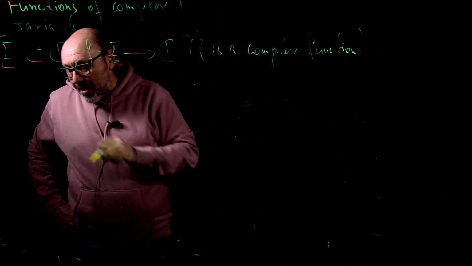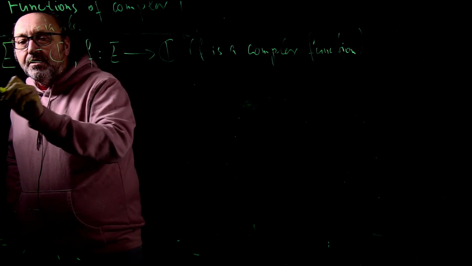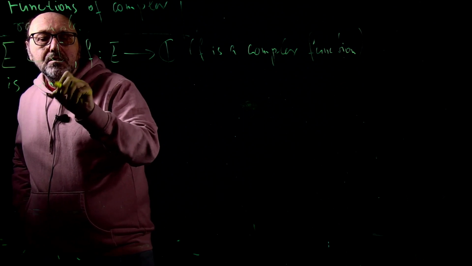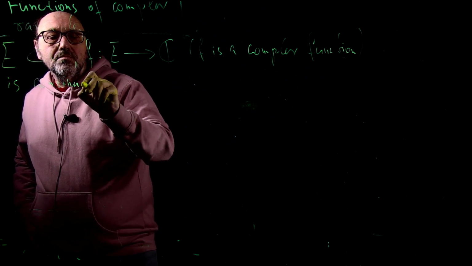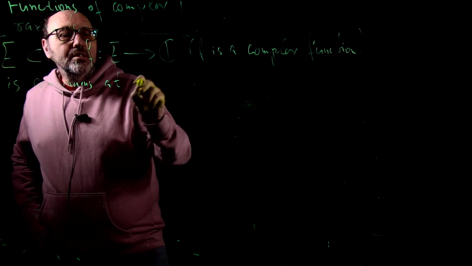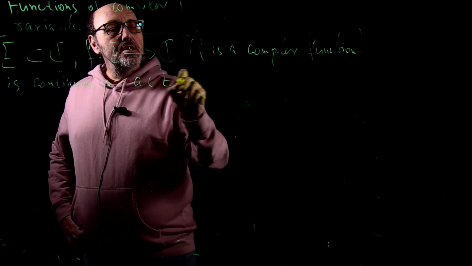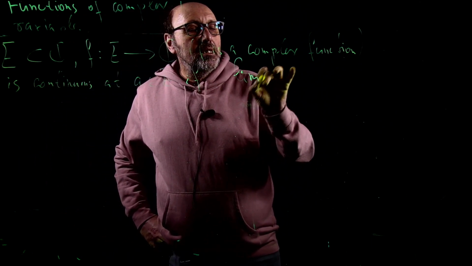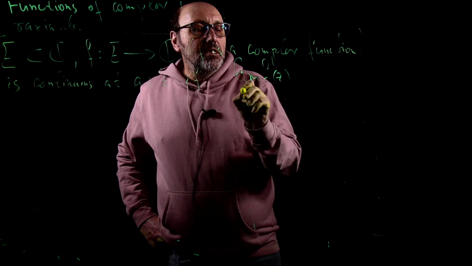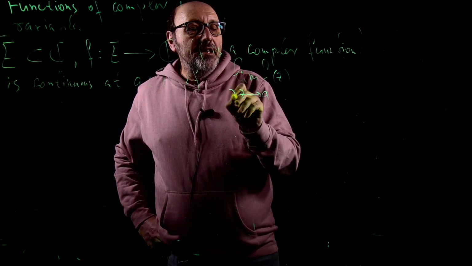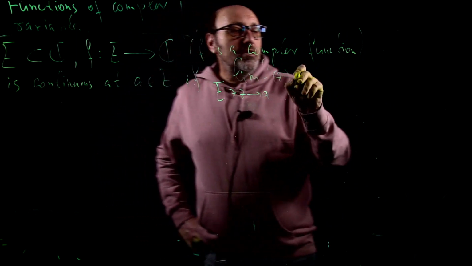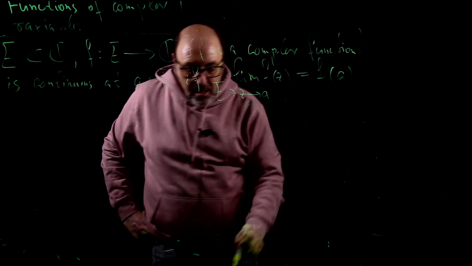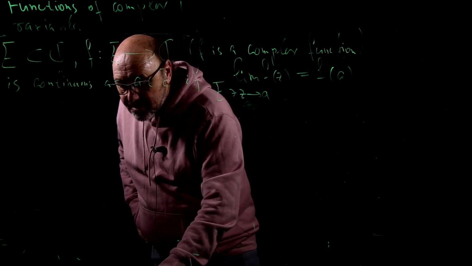Then we say that f is continuous at a point a of E if the limit of f of z when z tends to a, remaining in E, of course, is equal to f of a. What does it mean?